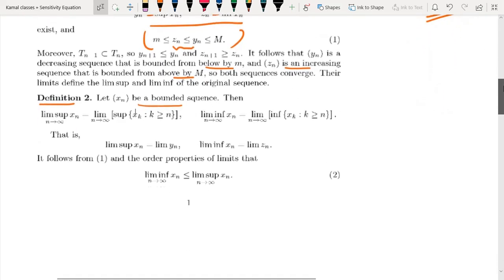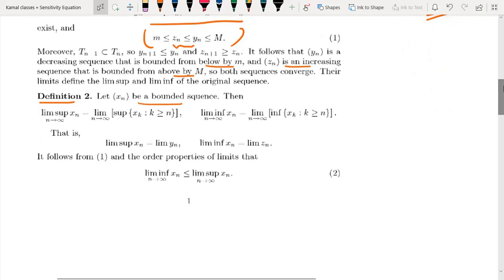Now I am going to give a definition. The limit supremum of x_n as n tends to infinity is nothing but this: you take the sequence, and for k greater than or equal to n you take the supremum, and after that you take the limit as n tends to infinity. Whatever value comes out, we define as the limit supremum.